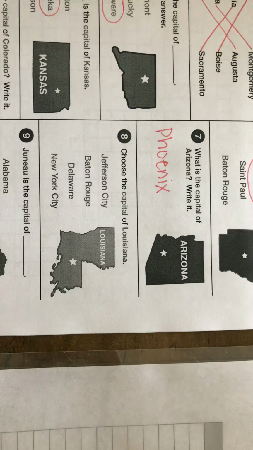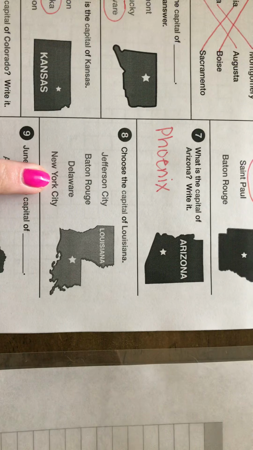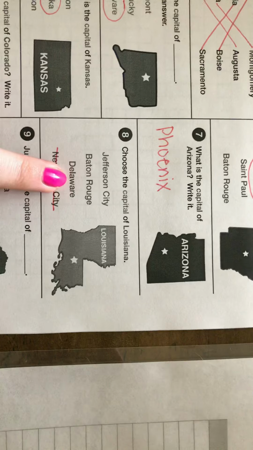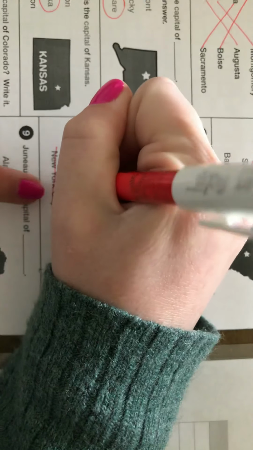Right, number 8, choose the capital of Louisiana. Is it Jefferson City, Baton Rouge, Delaware, or New York City? Well, I bet we can cross that out because we know that New York City is in New York. Okay, so now we just have 3. We know that Delaware is not a capital because it's a name of a state. So we can cross that out.